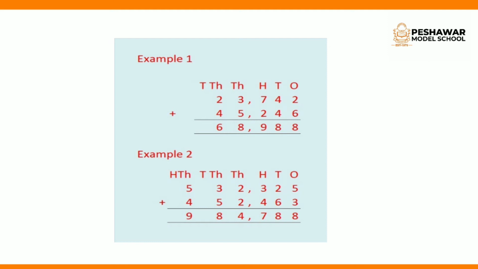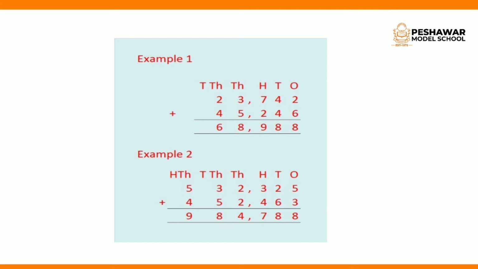In the hundreds place there are 7 and 2. 7 plus 2 equals 9. In the thousands place, 3 plus 5 is equal to 8. Now 4 plus 2 is equal to 6. Very easy. You can add them horizontally also, but in vertical form it will be better for you.